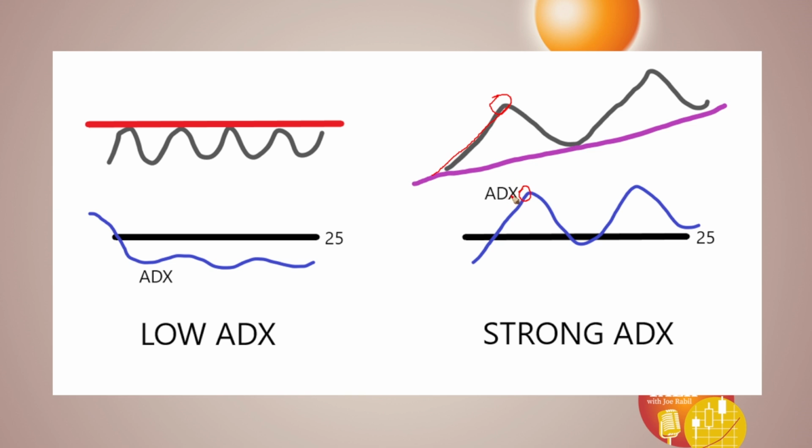Now, when we have a strong ADX condition, we're looking to play pullbacks. It's that simple. We don't buy breakouts. We don't buy strength. We look for a pullback when the ADX is strong. So this is giving us a reference for how strong the trend is, but it's not helping us with the timing yet.